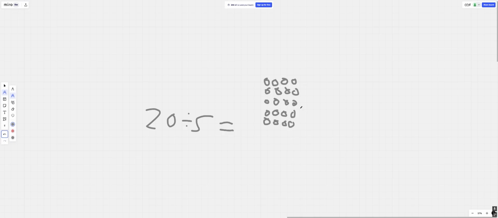We can see that's 20, and that's 5 rows. There's 20 total, and there's 4 biscuits in each row. So the answer is 4.